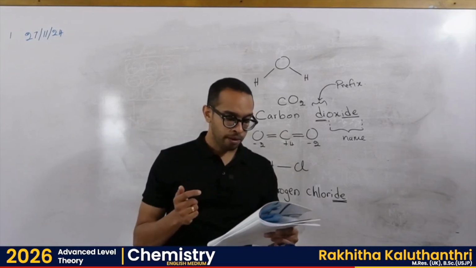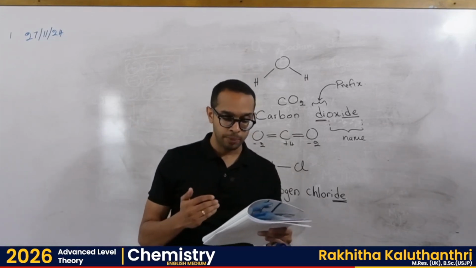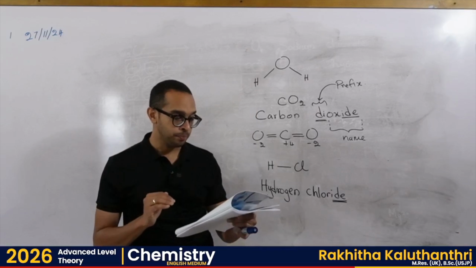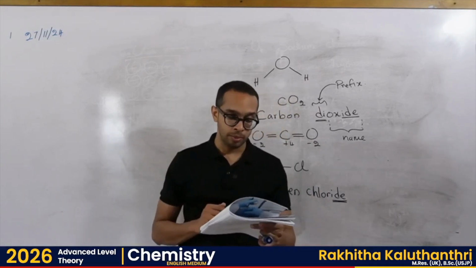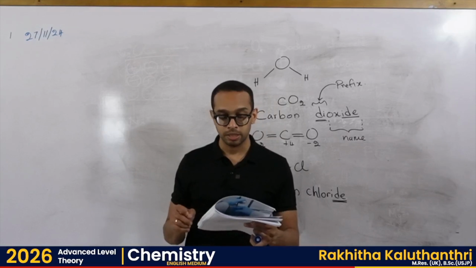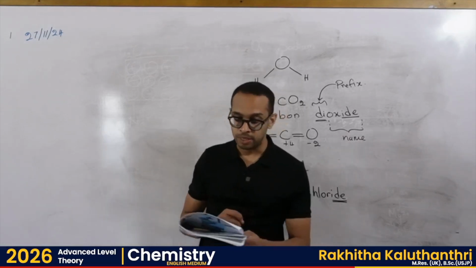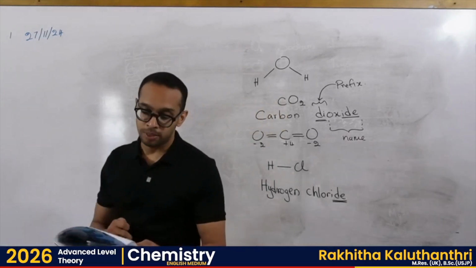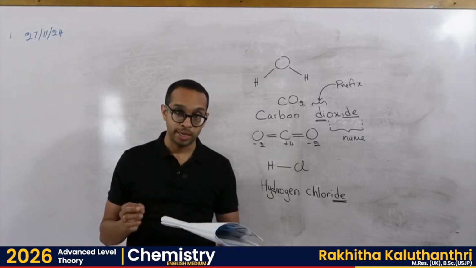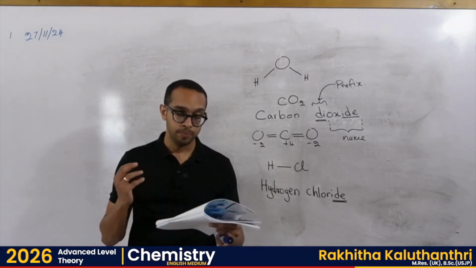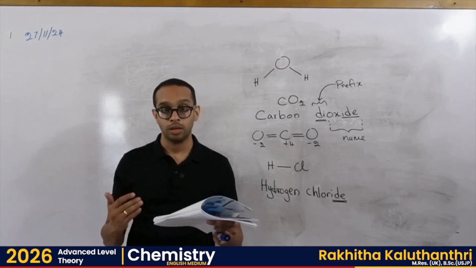So turn to the same page 10. We can see in cases where multiple compounds can be formed, Greek prefixes indicate the number of atoms of each element. They have given some prefixes here: mono, di, tri, tetra, penta, hexa, hepta, octa, nona, and deca.